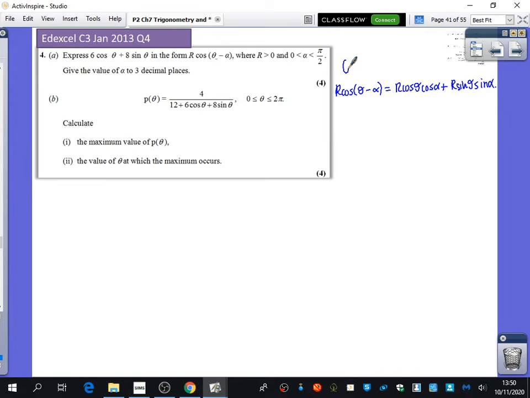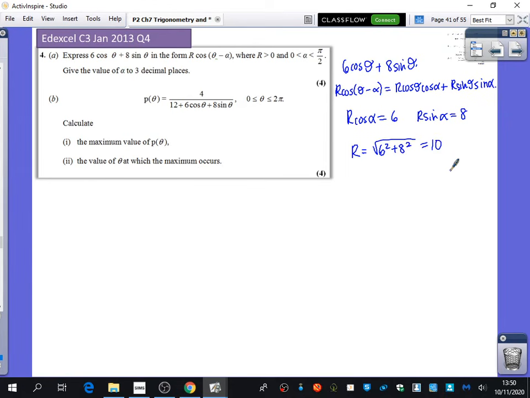And we think that we're trying to make 6 cos theta plus 8 sine theta. So can anybody tell me what r cos alpha is the same as? 6. And r sine alpha? 8. Okay. So what would r be equal to? 10, because it's the square root of 6 squared plus 8 squared, which is 10.